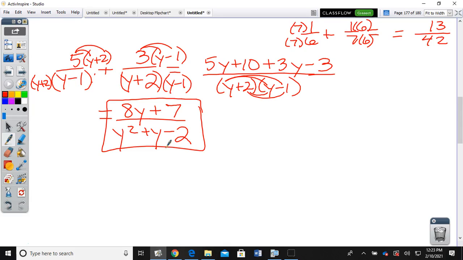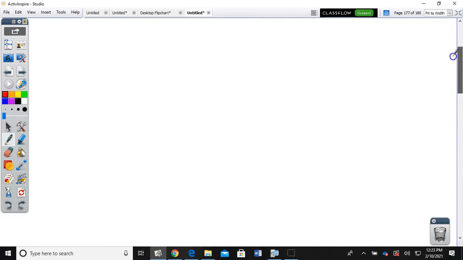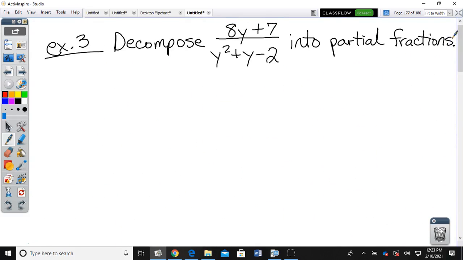We FOILed that, right? Okay? So on our problem, when it says decompose into partial fractions, we have to figure out what the denominators are on the two partial fractions, which just means we do what to that? Factor it. Okay? So I know it's going to be 8y plus 7 over y plus 2, y minus 1.